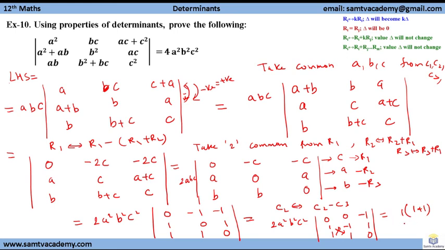So you are having 2A square, B square, C square, and 2 is multiplied, so it will become 4A square, B square, C square. It is equal to the right hand side. So I have done the minimum number of steps so that you will understand, and you can solve this very quickly.